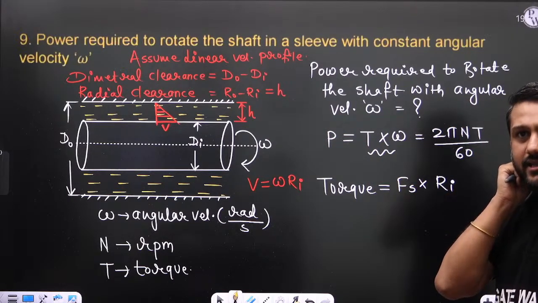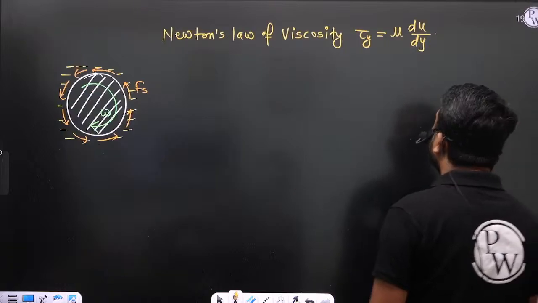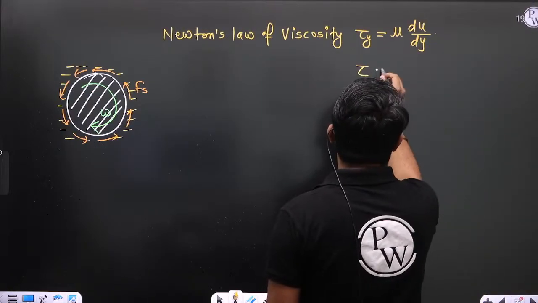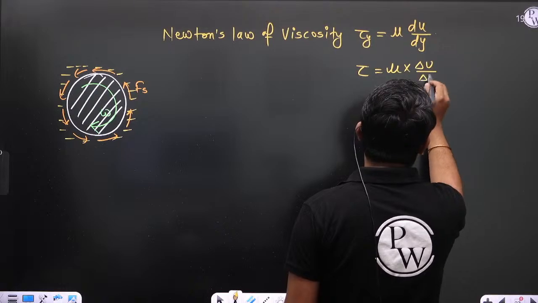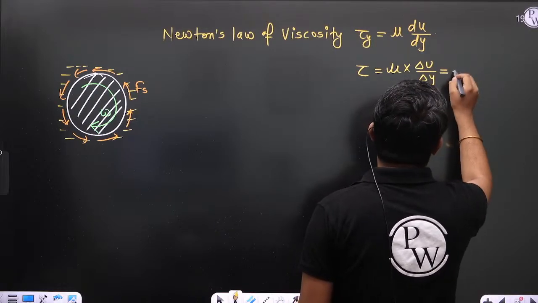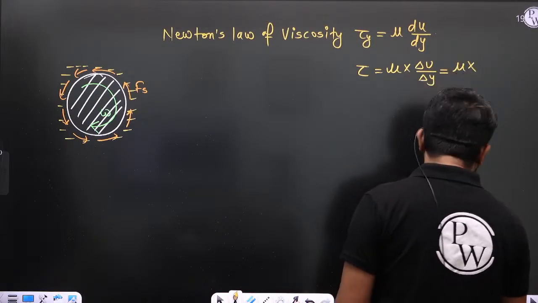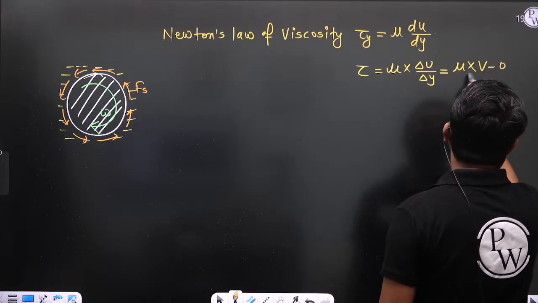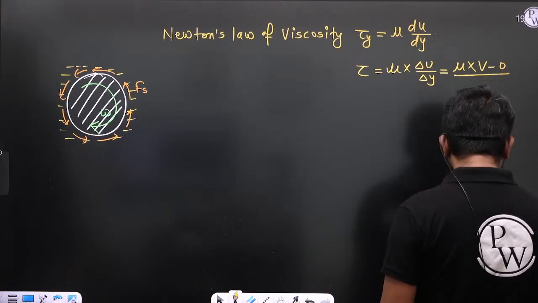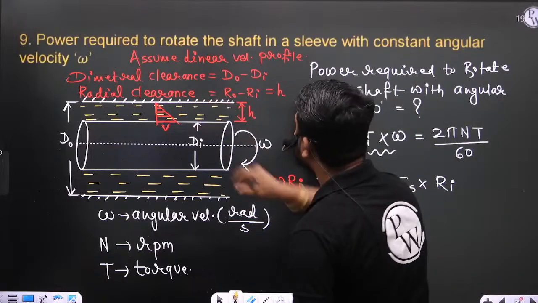Can you calculate the shear stress? Yes, we can easily calculate it. Shear stress is equal to mu into delta u by delta y, which is mu into v minus 0 divided by the gap, and that gap is h.